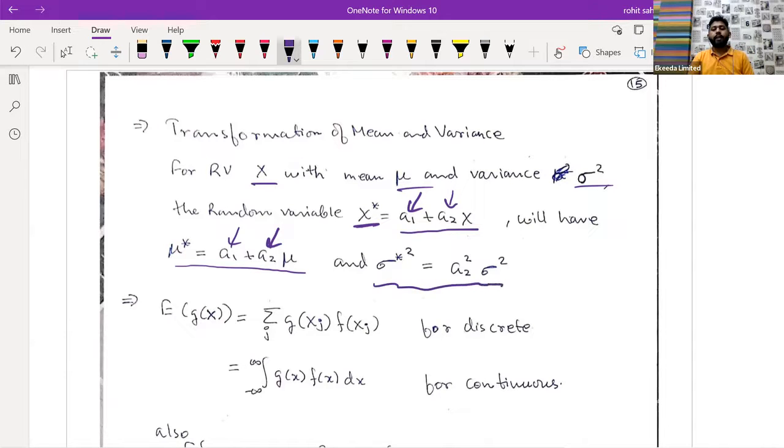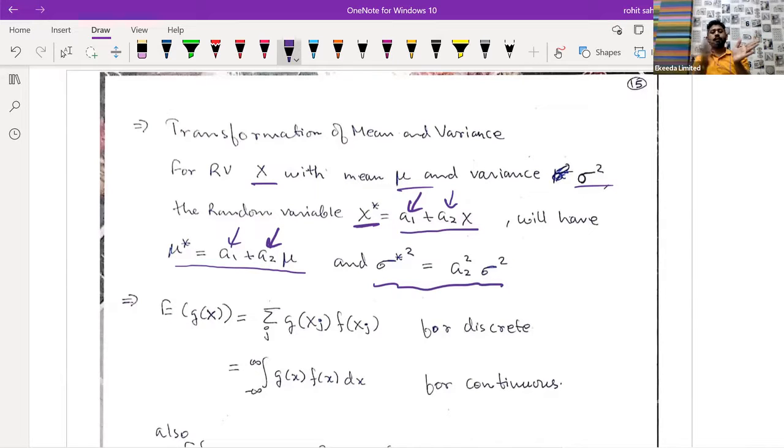But if you talk about variance, see, like I said, variance is the variability. So someone from, let's say, the second standard division was scoring 30, 60, and 90. Now, if you add, let's say, 10 to all these values, that will become 40, 70, and 100.